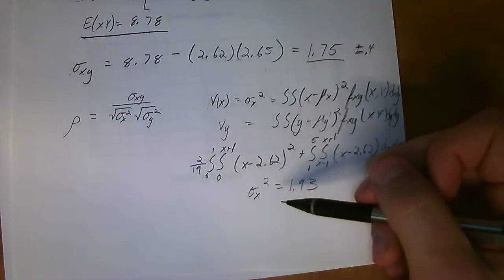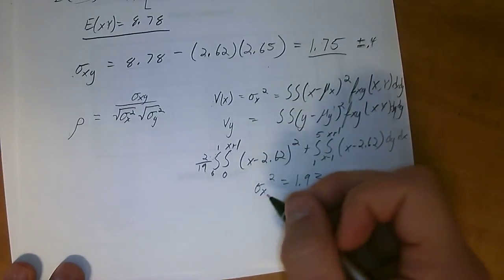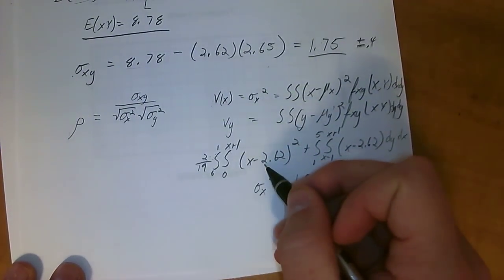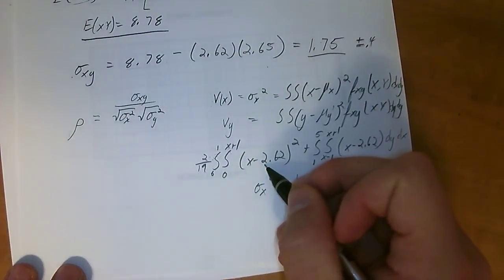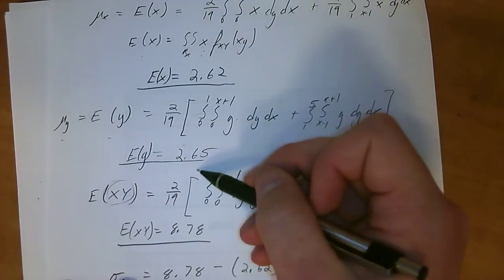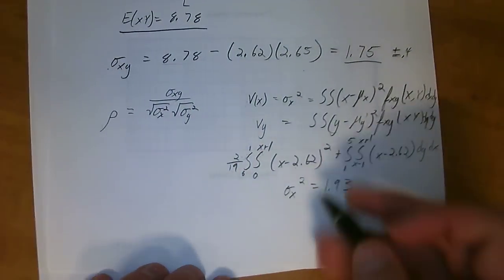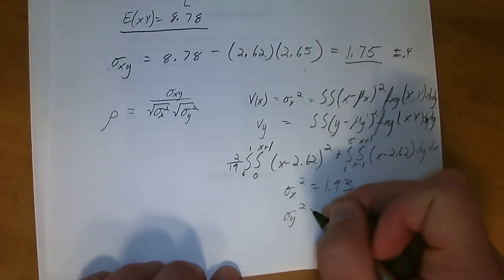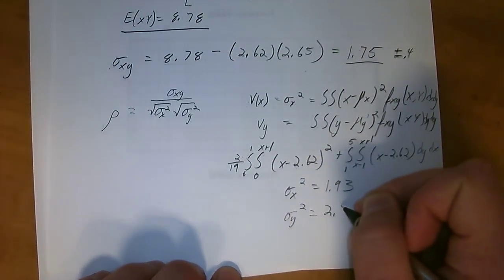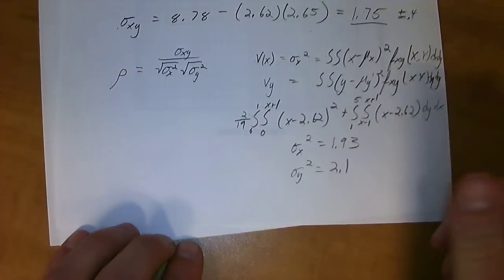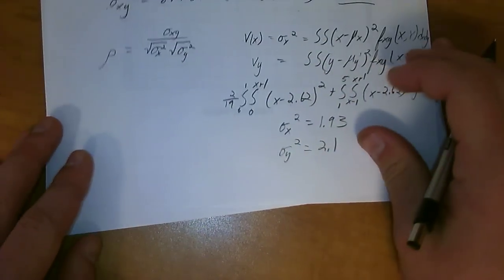Okay? Then you can go ahead and do sigma y, where you're just replacing this with y and this one with 2.65, dy right here, then you should end up with sigma y squared equal to 0.21 about-ish, however many decimal places you take.